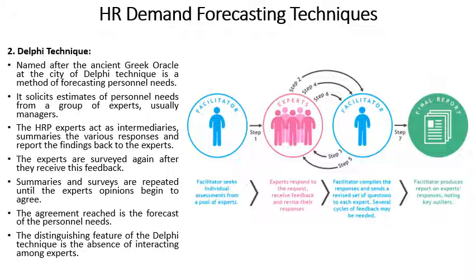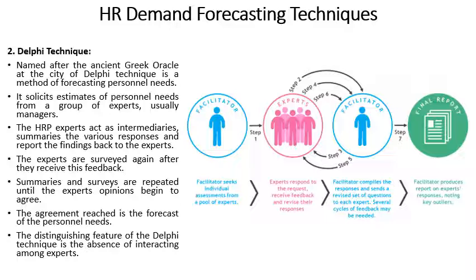The experts will respond to the facilitator, and every expert will give their responses, the estimated number figures. Now what will the facilitator do? The facilitator will compile the responses collected from each expert, and he will send a revised set of questions back to each expert again.